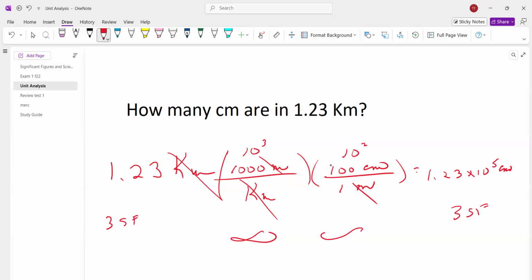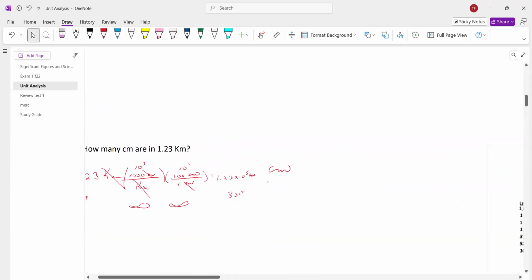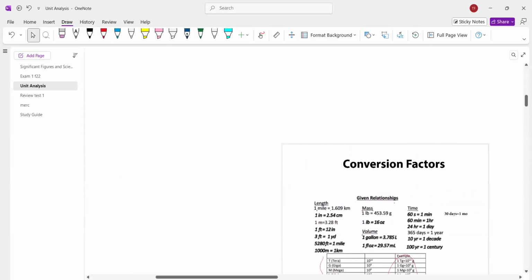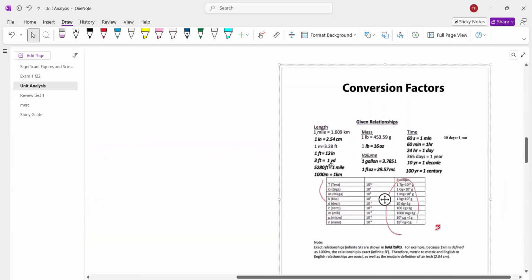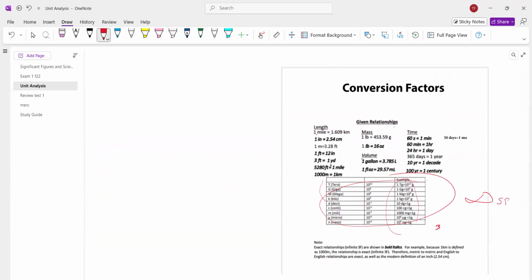These are both by definition, so anything metric conversion wise, the conversion factors are all infinite. So this whole bottom piece on the conversion handout I gave you, these are all infinite sig figs.